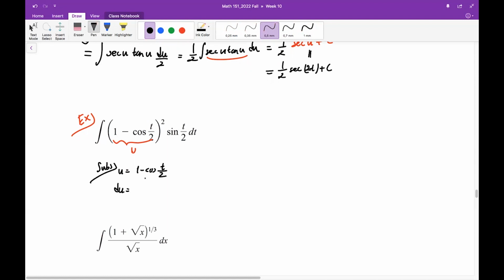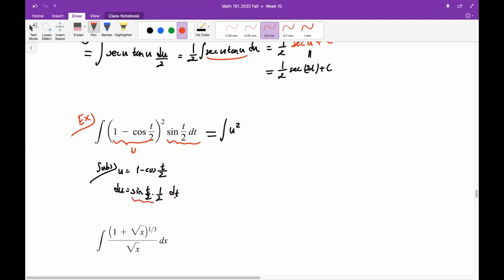Then what is du? Take the derivative. Derivative of cosine is minus sine. Another minus is here, so it is sine t over 2, and then you need to multiply with the derivative of the inside part. Always put dt. So this integral can be rewritten in terms of u's and du's. This part is already chosen as u, so u squared. What about this part?